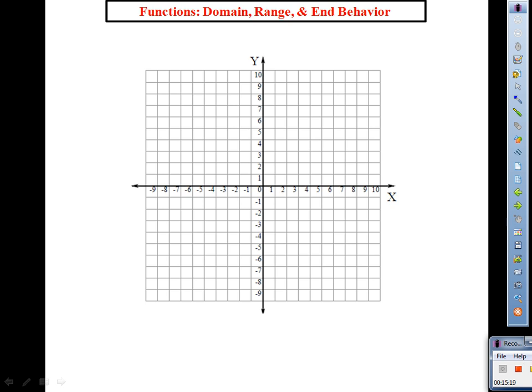So, writing utensils down, eyes up to the screen. I'm going to do a quick exercise so that you can understand how your mind needs to focus in regards to graphs. Okay, so here we go. I'm going to shade a certain section of the coordinate plane, going from the bottom to the top, but I'm going to focus only on the x values because that's going to be my domain.